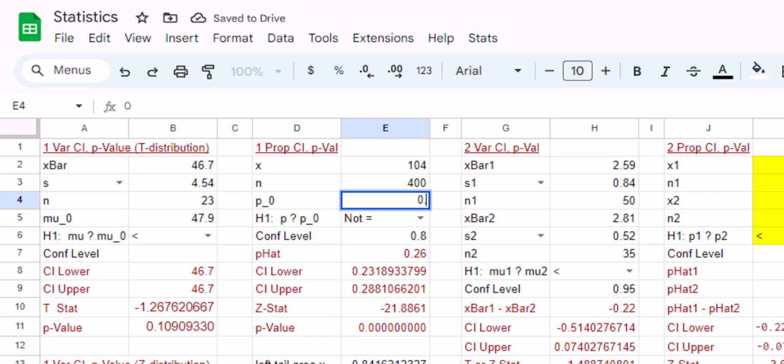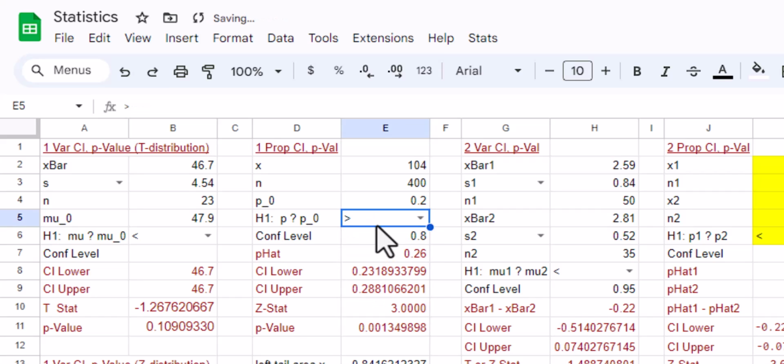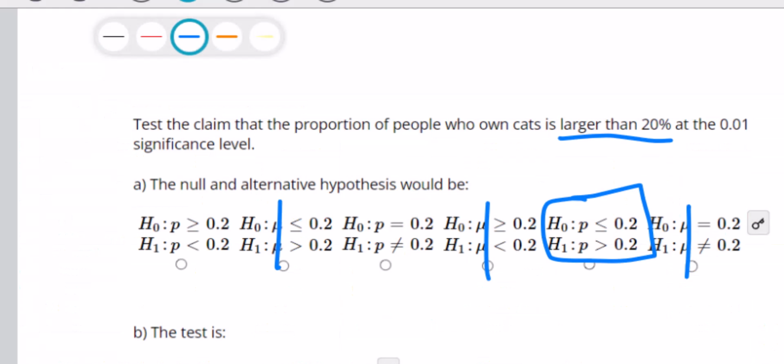What I'm testing is 20%, so 0.2. This is a right-tailed test, so greater than, and now I have my information. So the z-stat is 3 and the p-value is 0.0013. All right, so what does that mean?